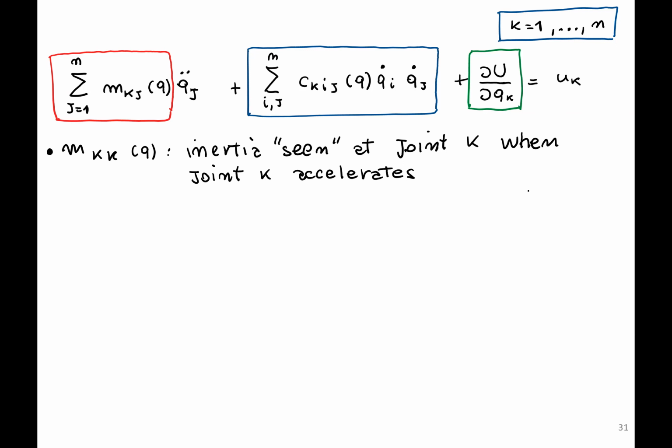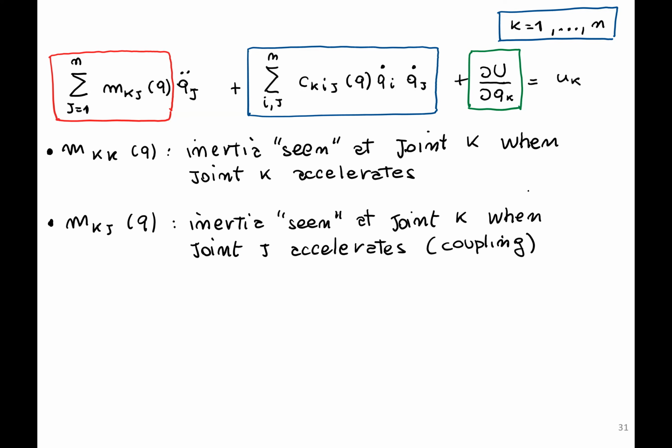So we'll feel the inertia of all the joints that are beyond that joint. While the element kj from the mass matrix will be the inertia seen at joint k when joint j accelerates. And this underlines the presence of inertial coupling.